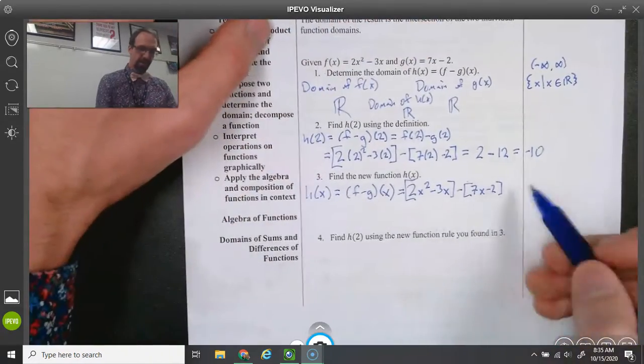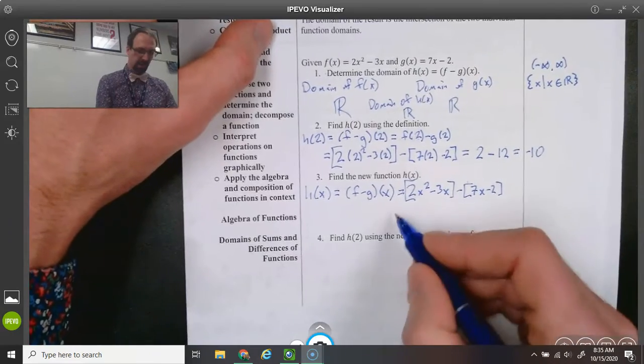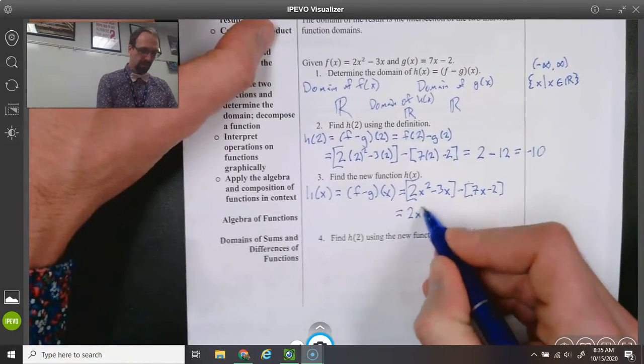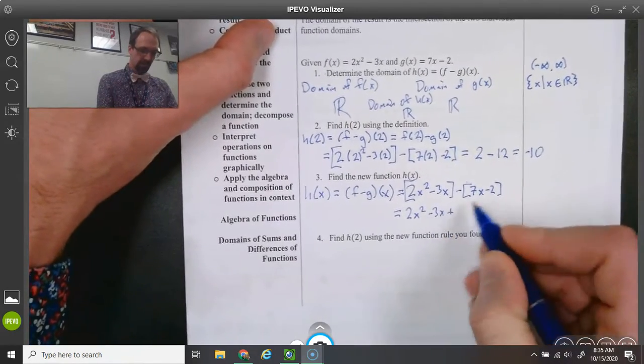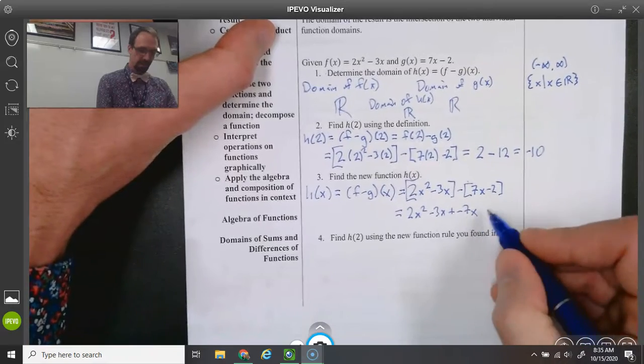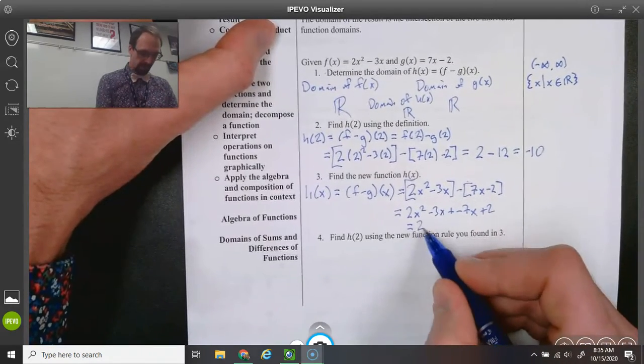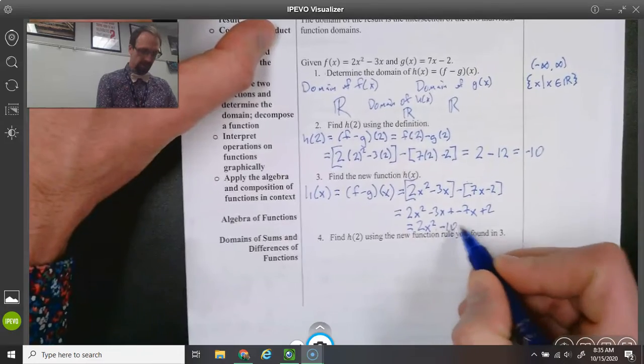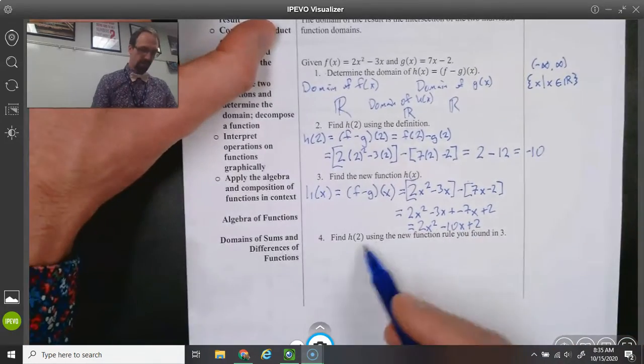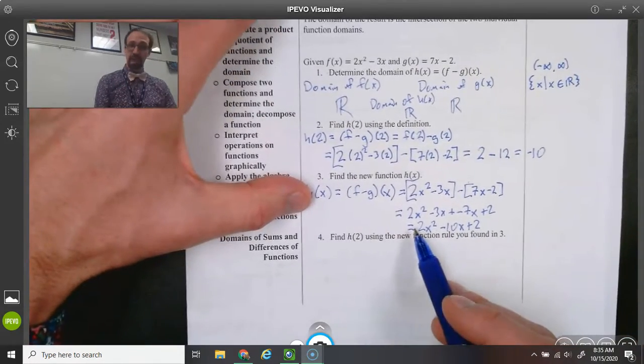Really, the only thing we need to do here to simplify is to distribute the negative sign. So that's going to be 2x squared minus 3x plus negative 7x plus 2. Then combine like terms. So then I have 2x squared minus 10x plus 2. So this is now h of x.